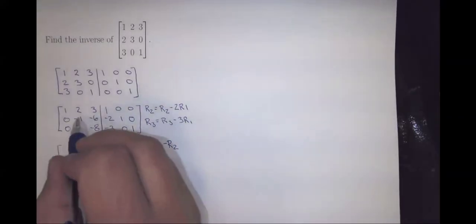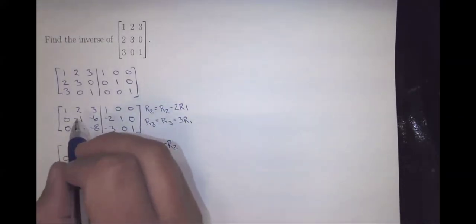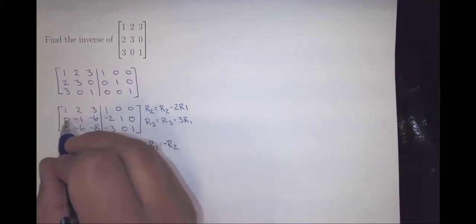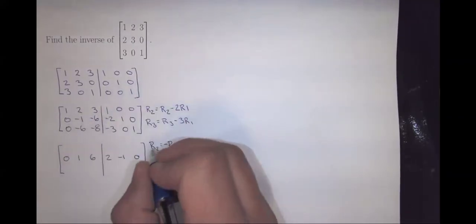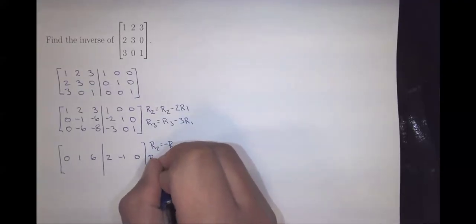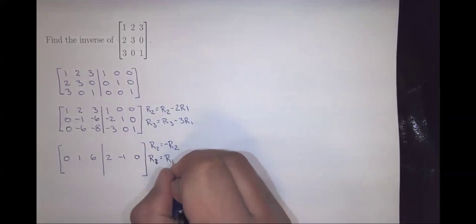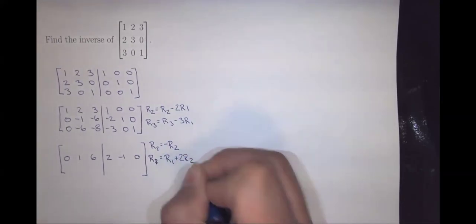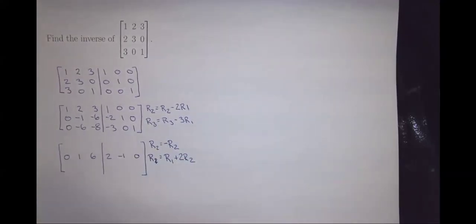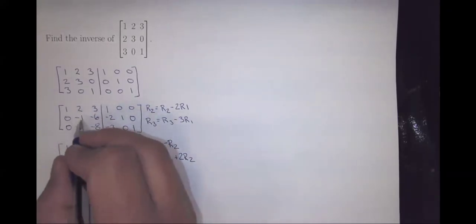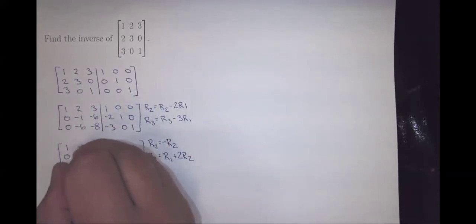Okay, we're going to eliminate the 2 above. So we're going to take row 1 and switch it with row 1 plus 2 row 2. So we're going to get 1 plus 0 is 1. 2 minus 2 is 0.